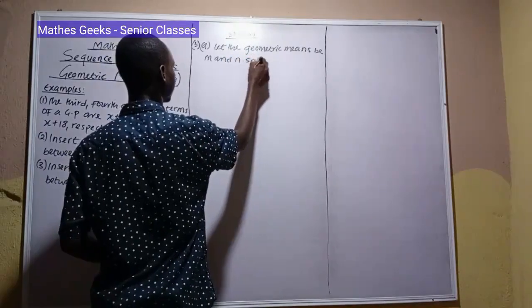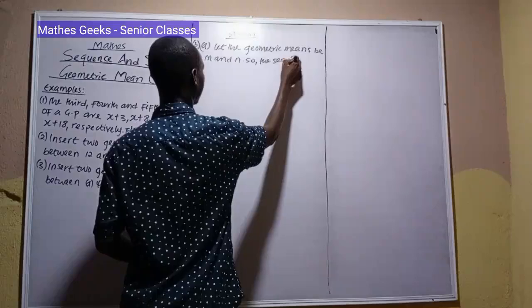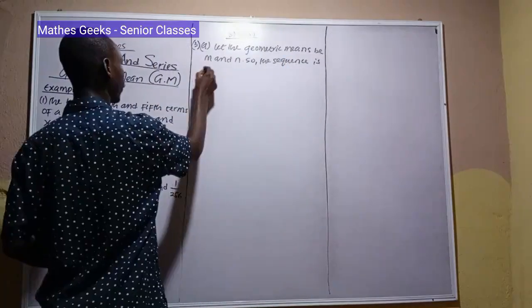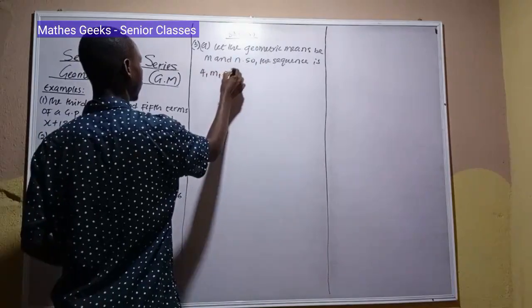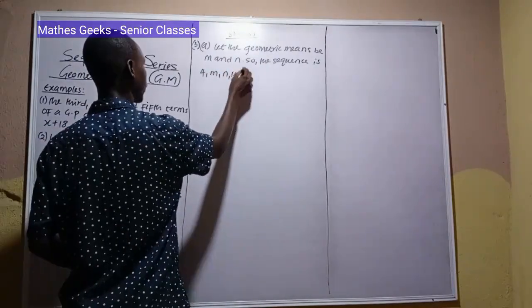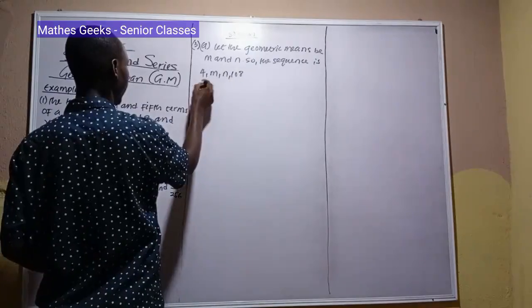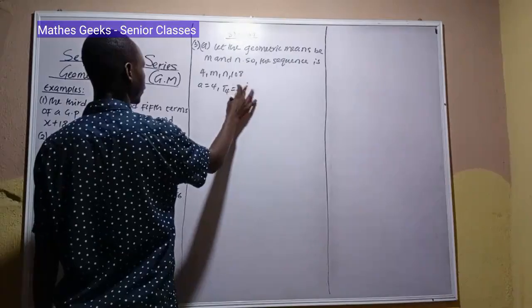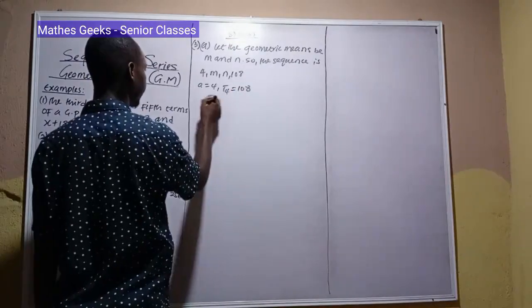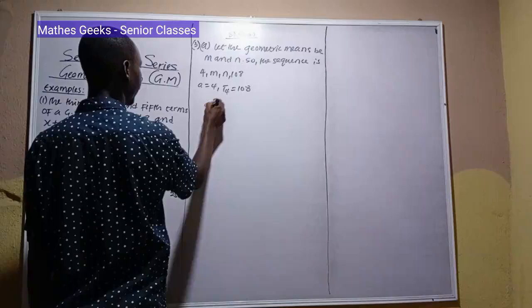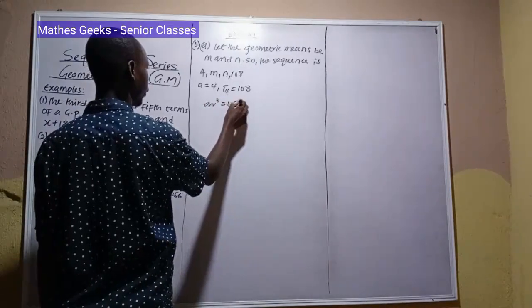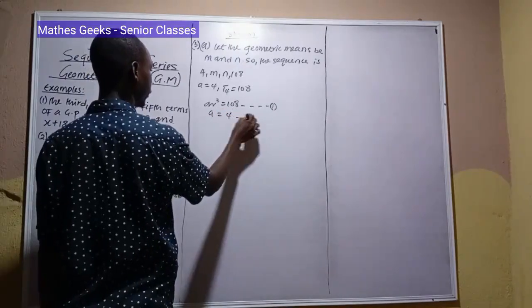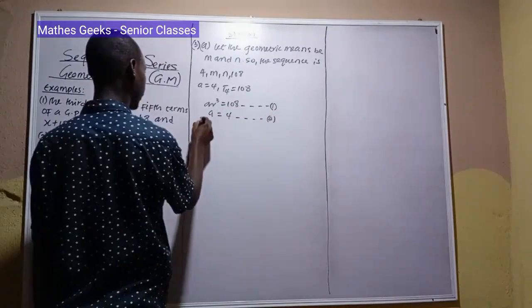So the sequence is 4, m, n, 108. So now we have the first term 4 and the fourth term equal to 108. So T4, ar to the power 3, is equal to 108, equation 1, and a is equal to 4, equation 2.